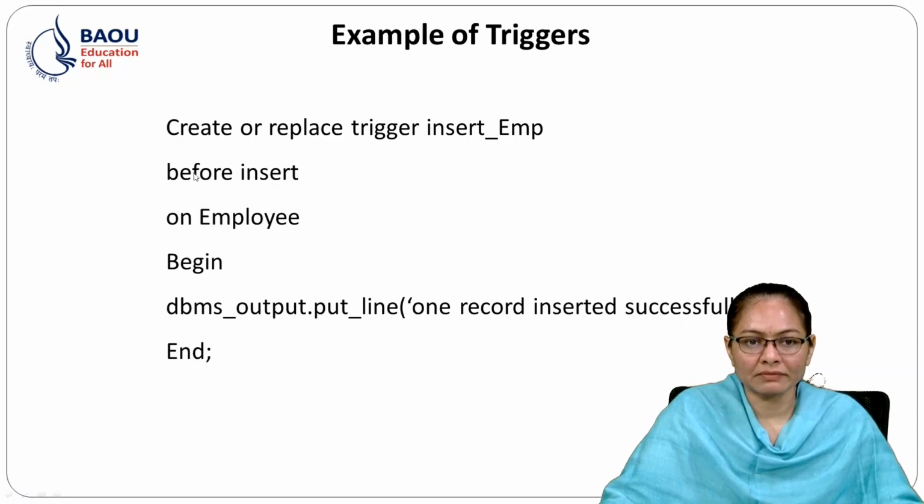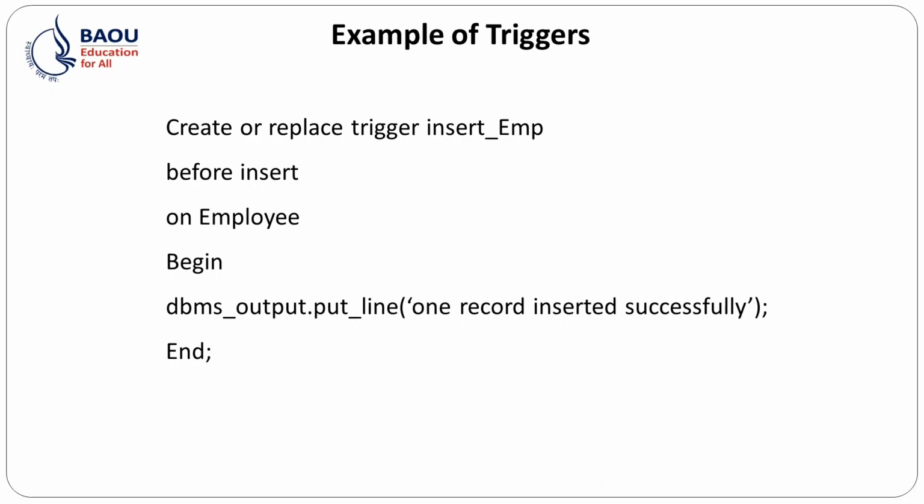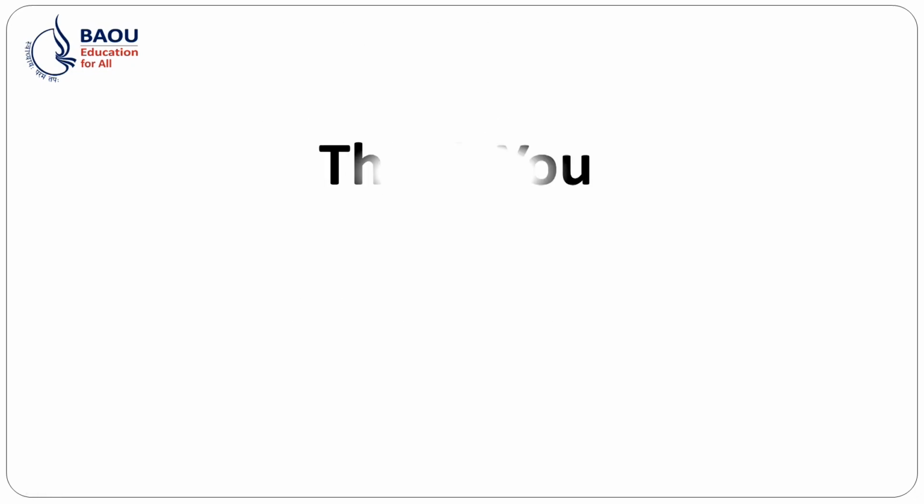So here we can put before or after, and after that the insert, update or delete statement. So this trigger is created to fire before we insert, update or delete data in the employee table.